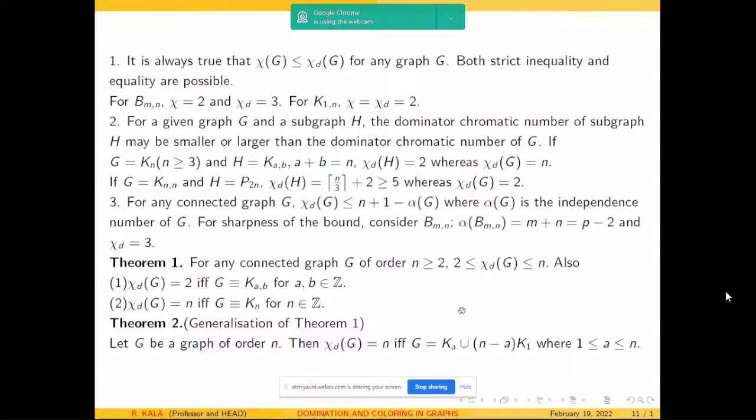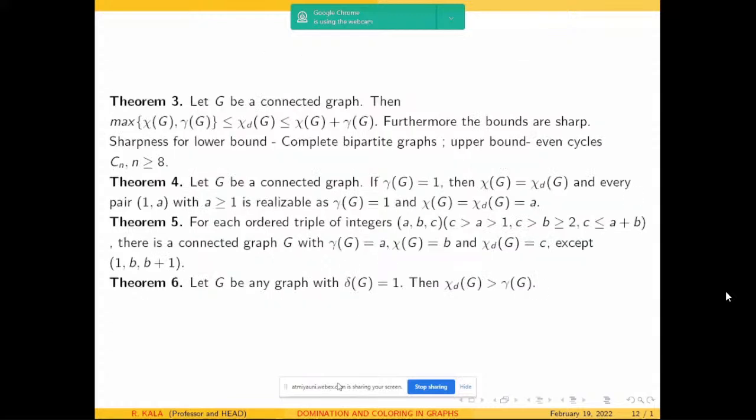What will happen if I have two non-trivial components, say G1 and G2? Pick one vertex from G1 and another vertex from G2, and color both of them with the same color. That will be a dominator coloring, so you get a contradiction to chi d equal to n. So this is a generalization of the first theorem.